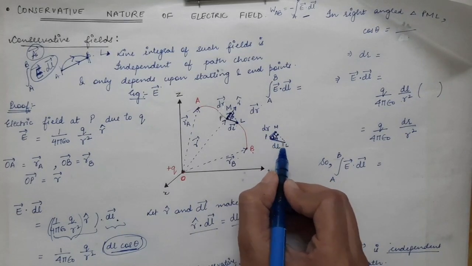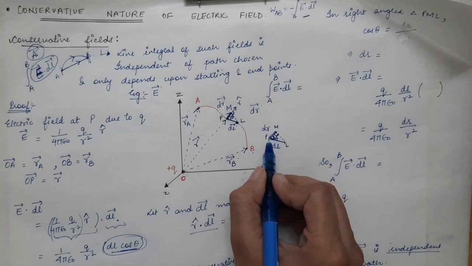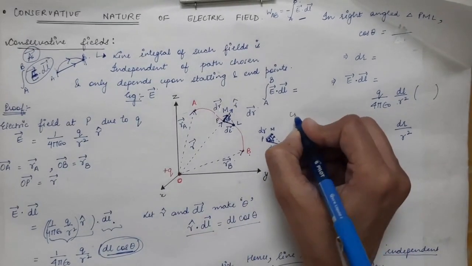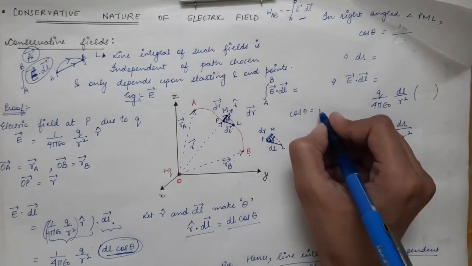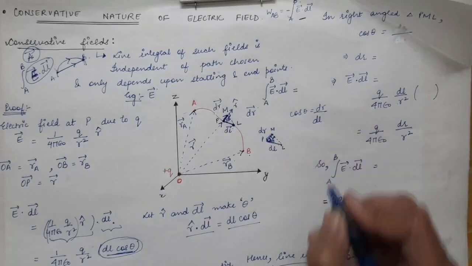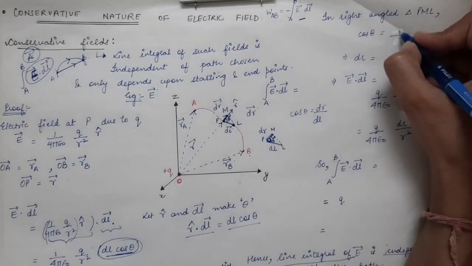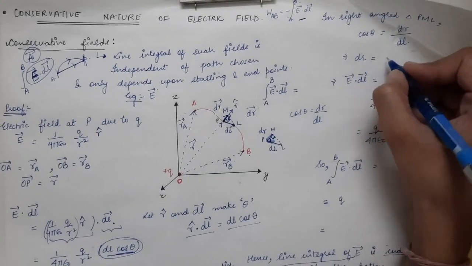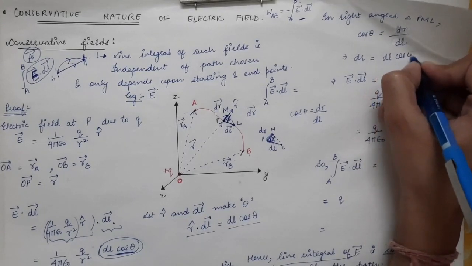Opposite to the 90 degree is the hypotenuse, and the side with which the angle touches is the base. So cos theta will be equal to base upon hypotenuse, which is dr divided by dl. So cos theta is dr divided by dl. From here dr can be taken on the left hand side. So what will be dr? It will be dl cos theta.